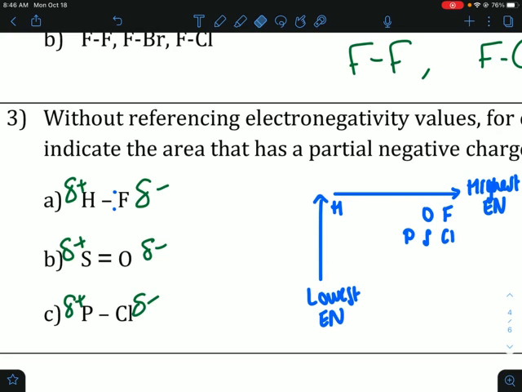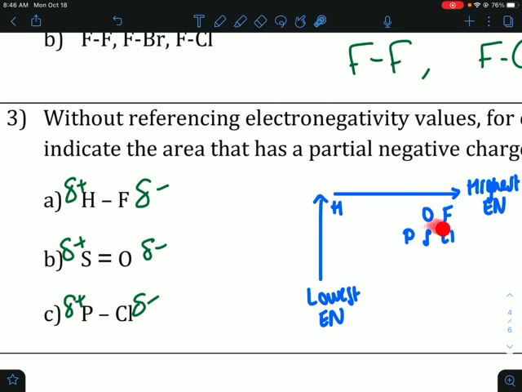What that means by contrast is hydrogen has to feel a partial positive. Same thing with the next one here. We have S and O. O is the more electronegative element, so that's going to have the negative charge, where sulfur has a little bit less electronegativity, so it's going to feel that partial positive.